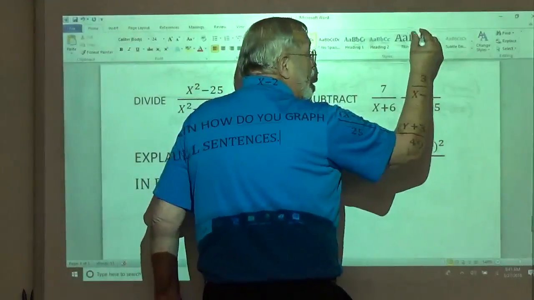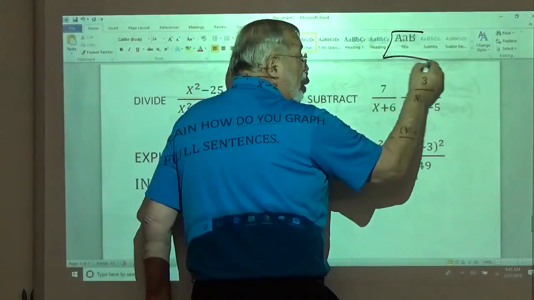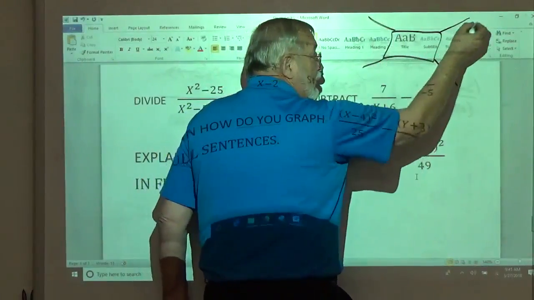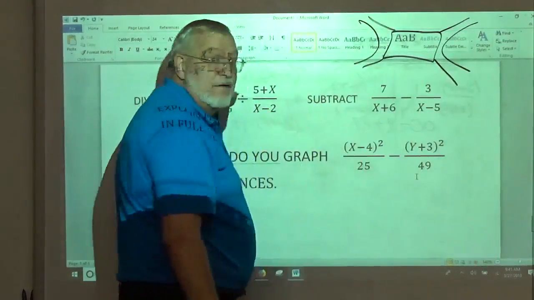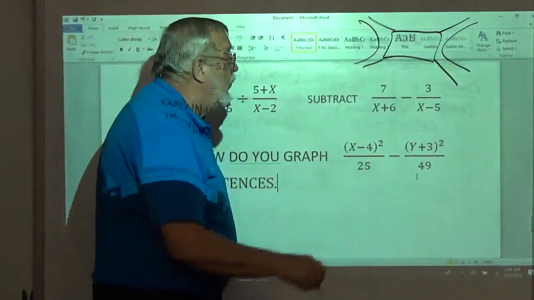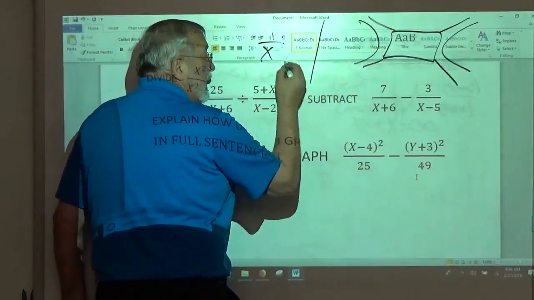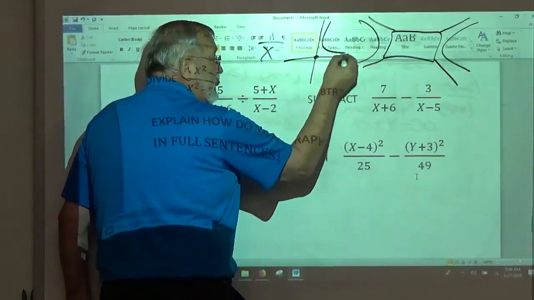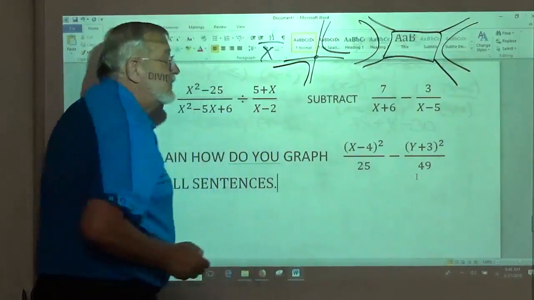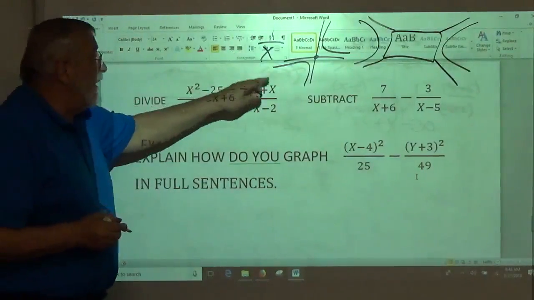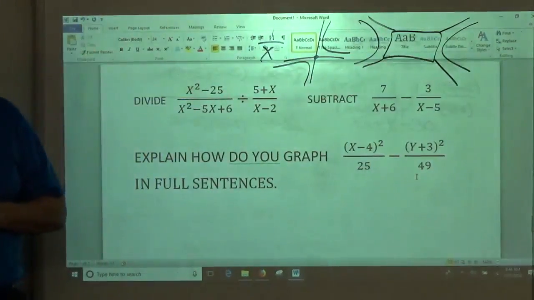If you remember, in the hyperbola, we went like this or like this. For 1 over x, it starts here, it looks like this. It's in the first and the third. If this were a negative, it would be in the second and fourth.